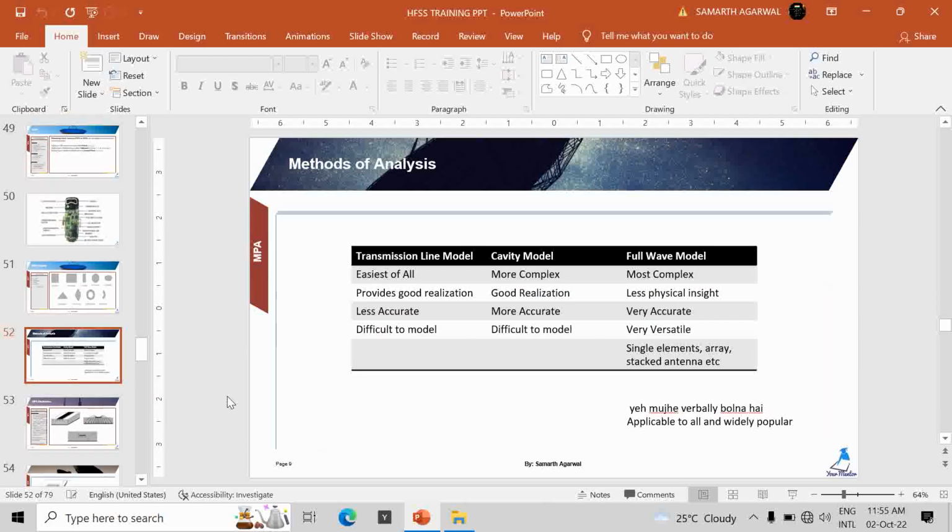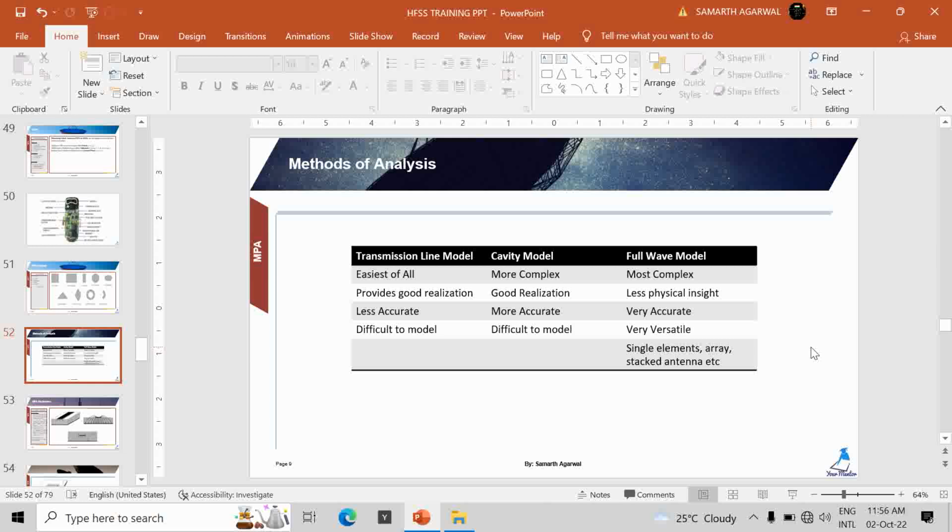Regarding the methods of analysis: transmission line model, cavity model, and full wave model, in which the full wave model is generally applicable to all types. The transmission line model is the easiest of all, the cavity model is more complex, and the full wave model is the most complex.